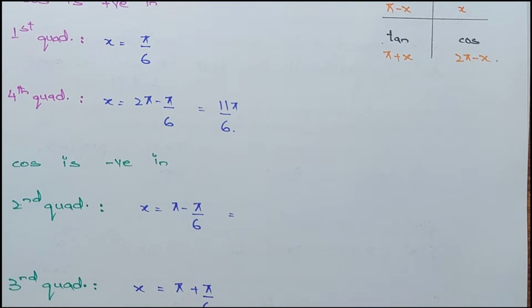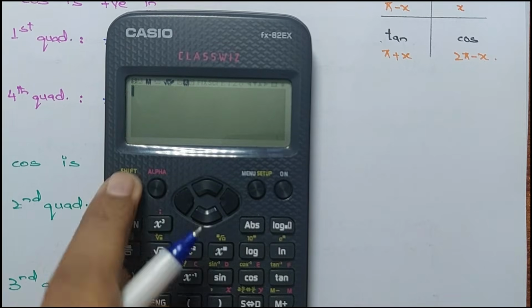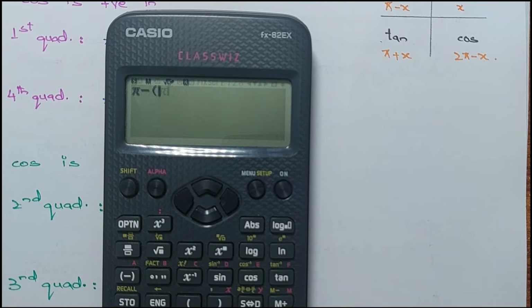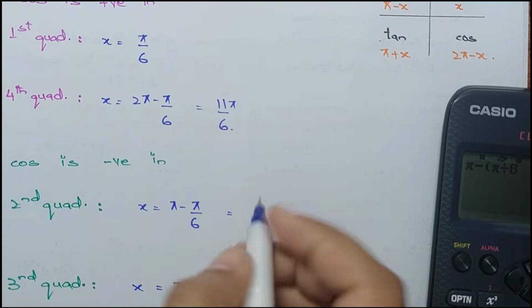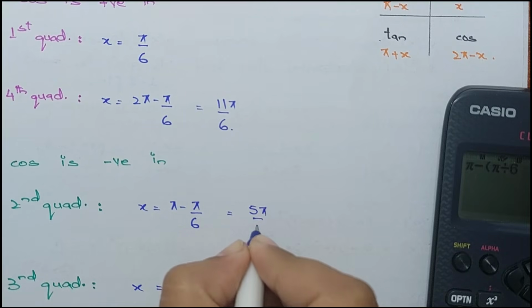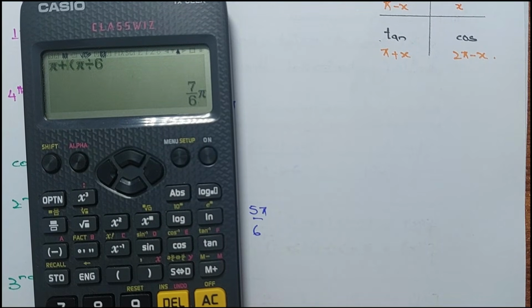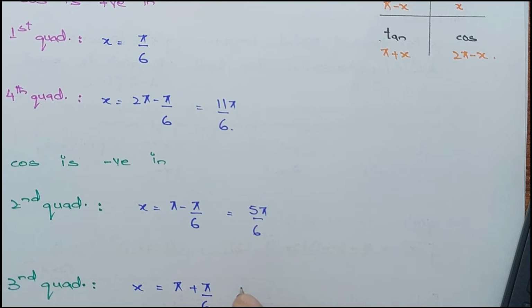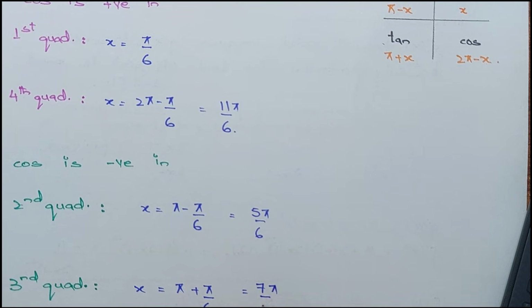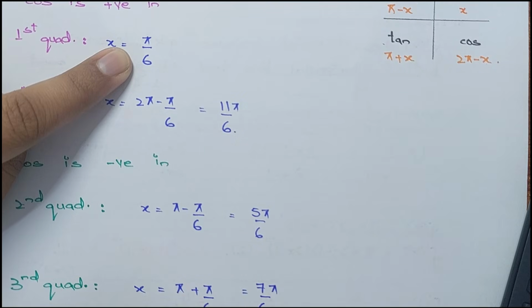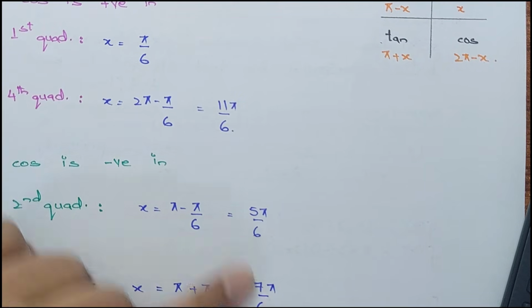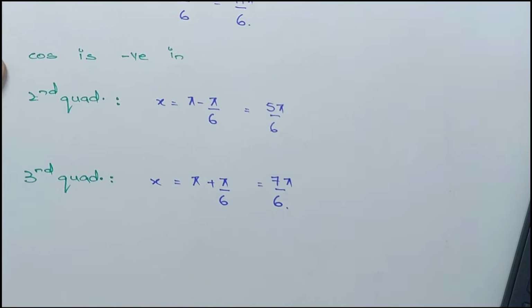So pi minus pi by 6 would be 5 pi by 6, and pi plus pi by 6 is 7 pi by 6. Okay, so these are the four solutions: pi by 6, 5 pi by 6, 7 pi by 6, and 11 pi by 6.